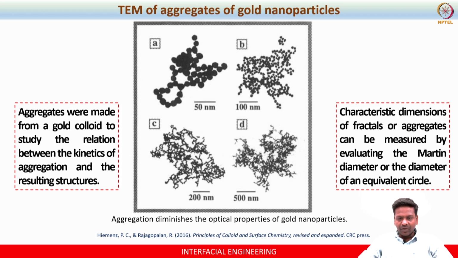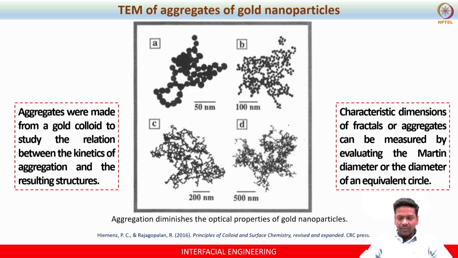A good example of aggregates of gold nanoparticles is given here. These are TEM images of gold nanoparticles. You can see different aggregations of gold nanoparticles, of different sizes. Because of the huge surface energy, these nanoparticles develop a tendency to aggregate with each other. When they aggregate, they form fractal-like structures.